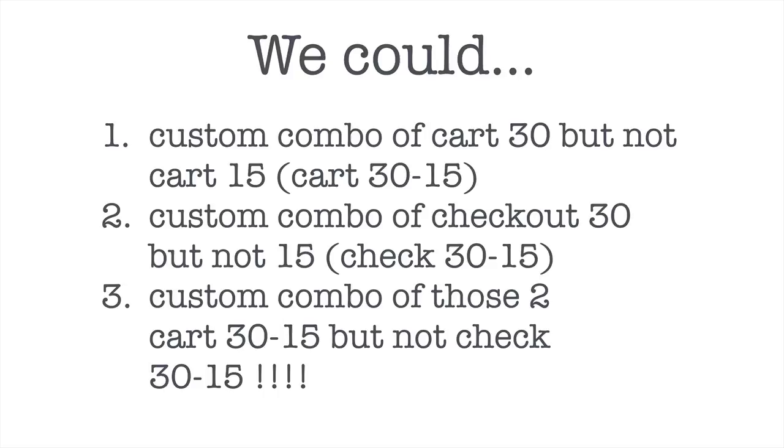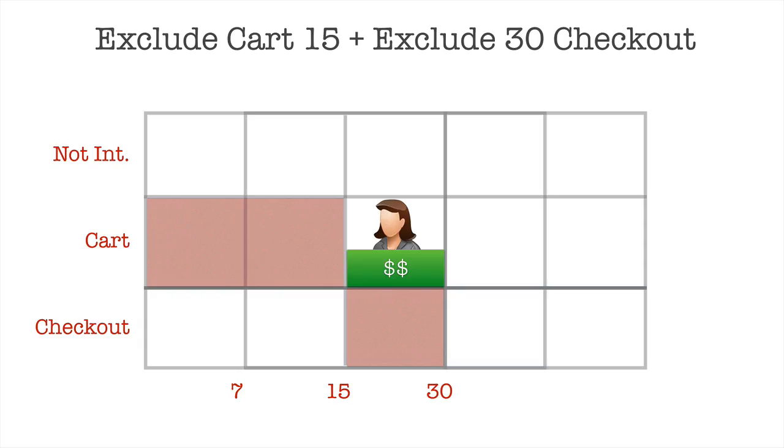Told you this was complicated, and now you can understand why nobody manages to set this up right. What we're going to do instead with the remarketing grid, I hope you're still with me and not throwing things at the screen at this point, is to target any square on the grid. We exclude the audience to the left of the square and we exclude the audience below the square.